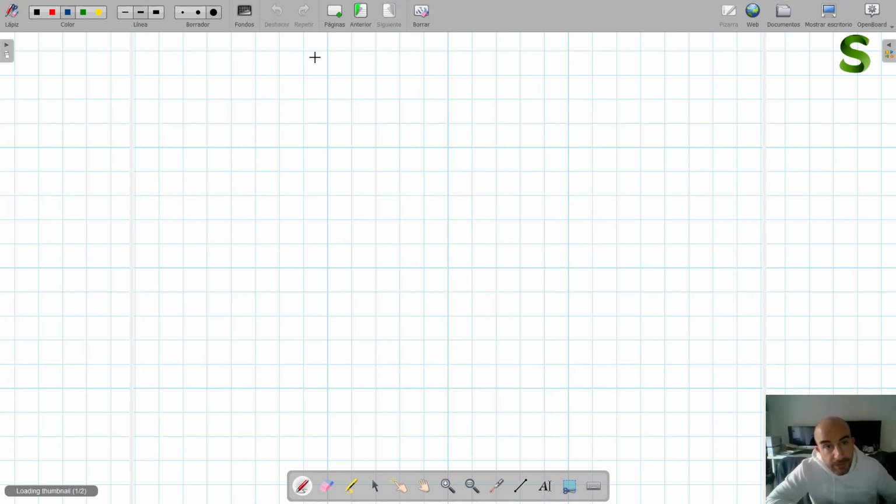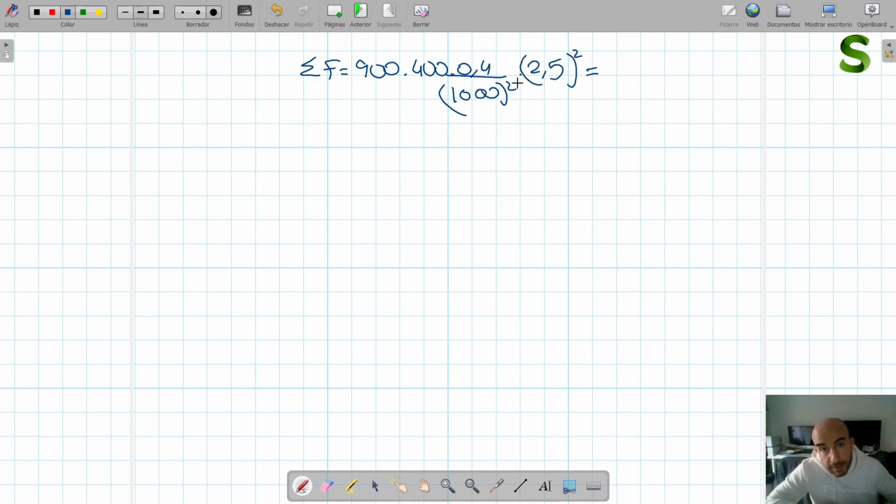So we have that the resultant force equals 900 times 400 times 0.4 divided by 1000 squared times 2.5 squared. And if we do that in the calculator, we get 0.9 newtons.